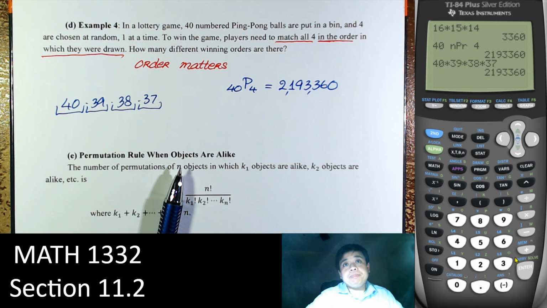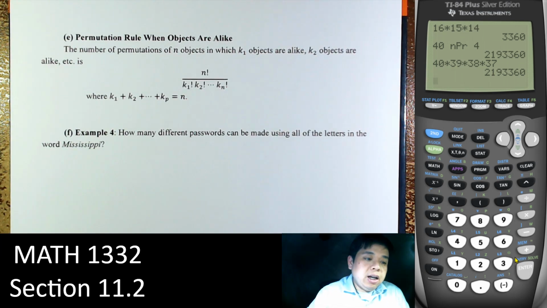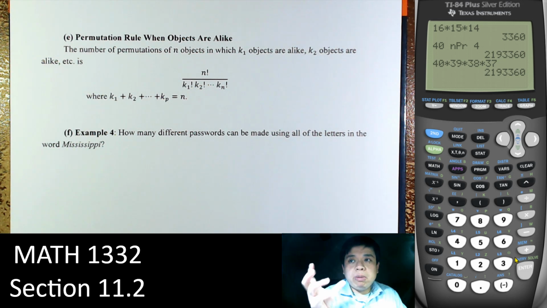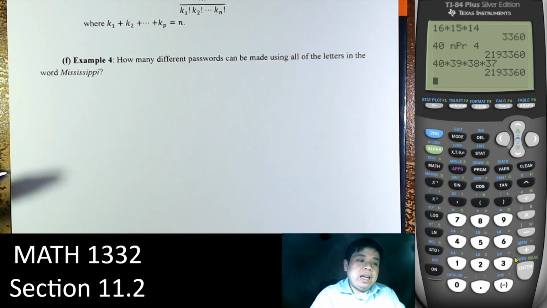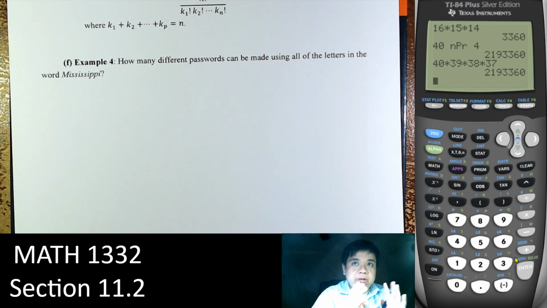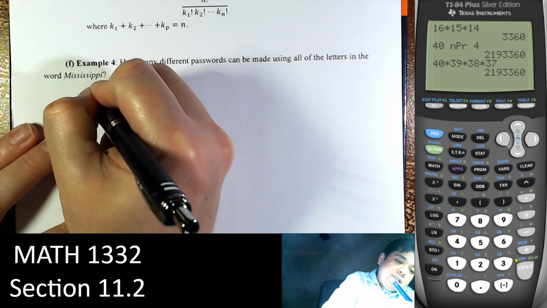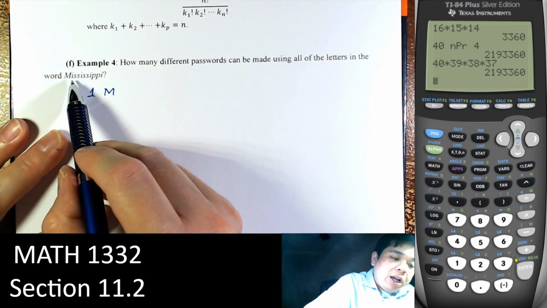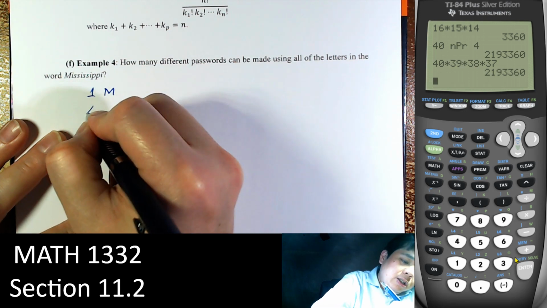Right, next, permutation rule when objects are alike. Now there are some cases where not only do we have n objects, but some of them are similar. So in that case, what do we have? For example, here we have Mississippi. There are a few I's and a few S's, right? So let's list. There's 1 M. How many I's? 1, 2, 3, 4 I's.